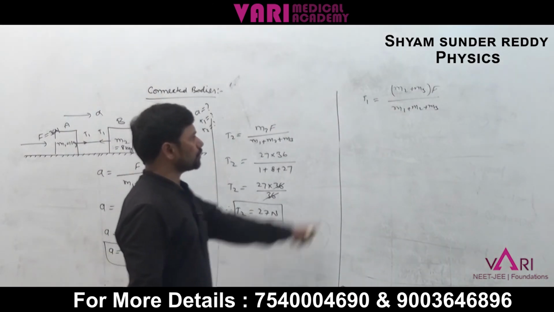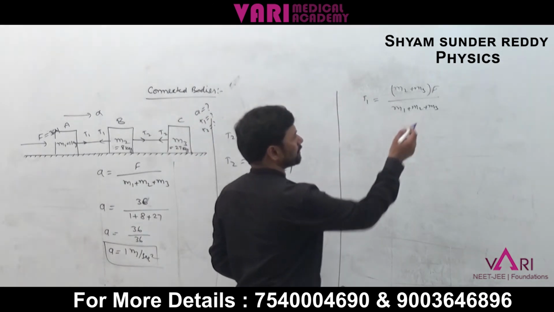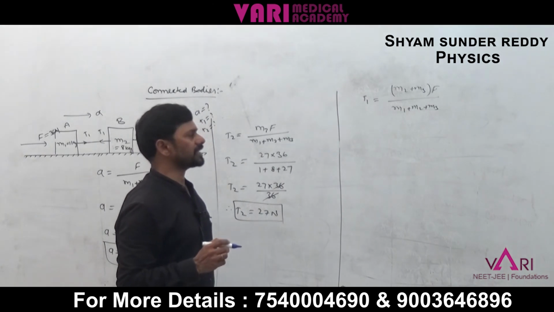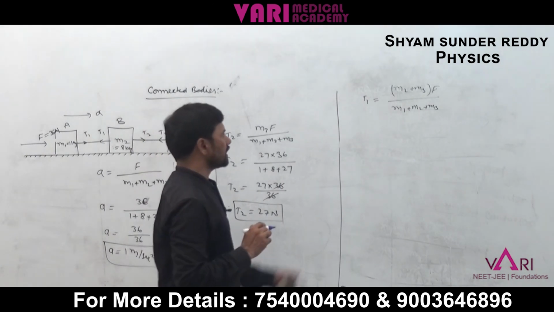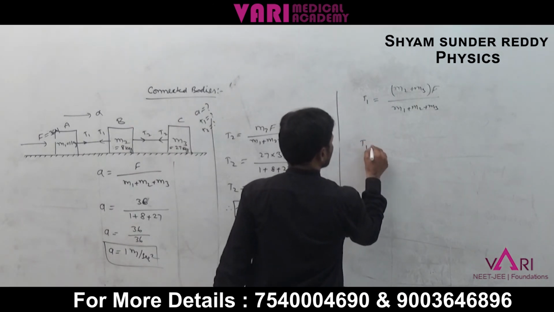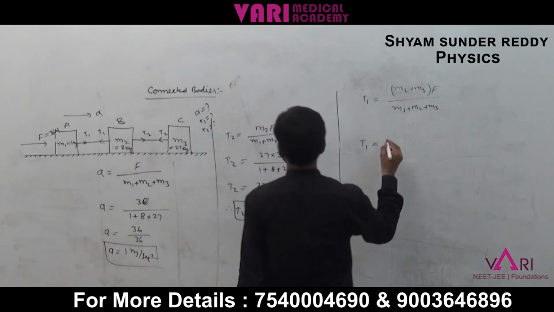T1 is equal to M2 plus M3 by M2 plus M3 into F by M1 plus M2 plus M3, right? From this, just substitute all the values.